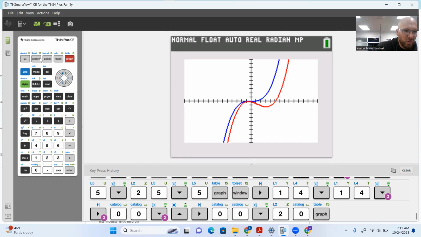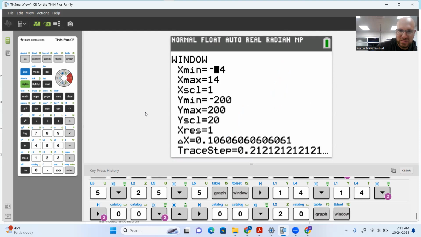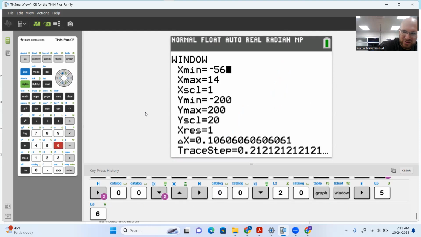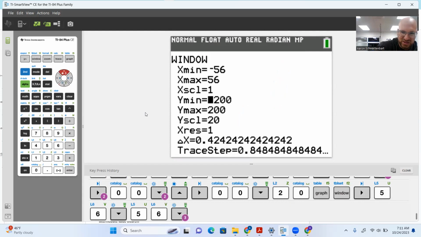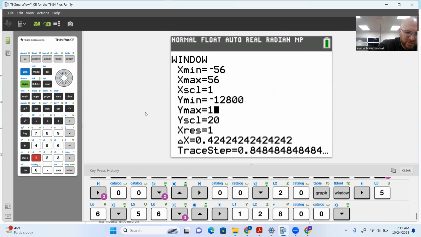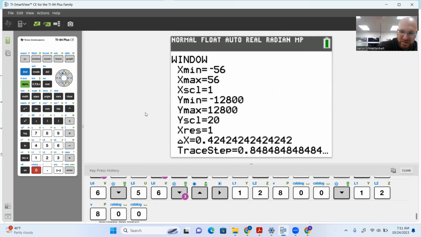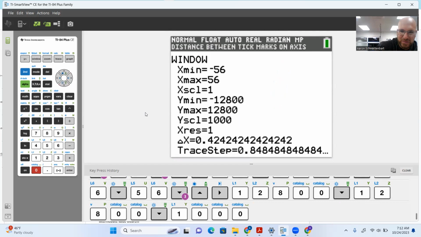Now we're going to go way out. And we're going negative 56 to 56. I'm using the actual zooms that they show in the book. And 1,000, 12,800. I'm going to go by 1,000.